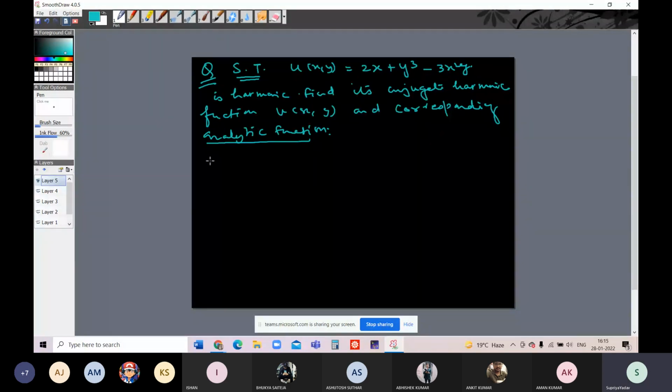First we have to show that it is satisfying the Laplace equation. u is given here. The partial derivative of u with respect to x gives 2 − 6xy, and u_xx is equal to −6y.